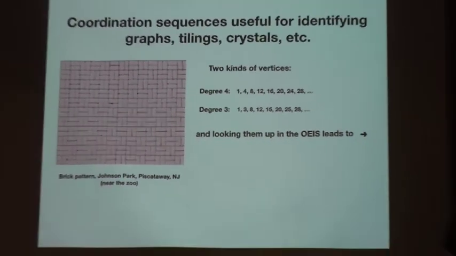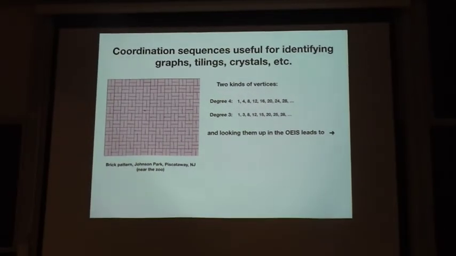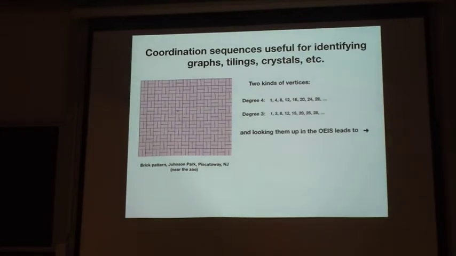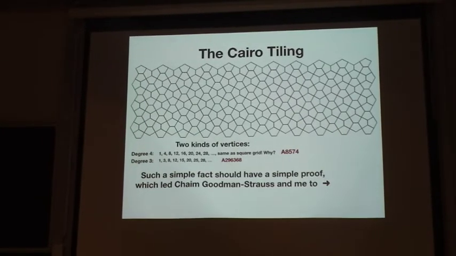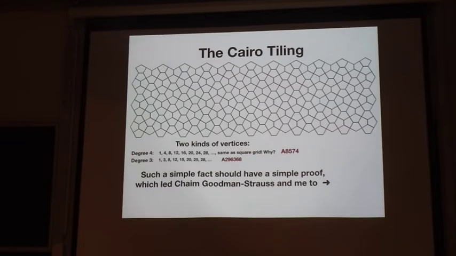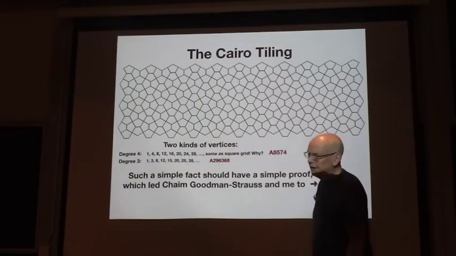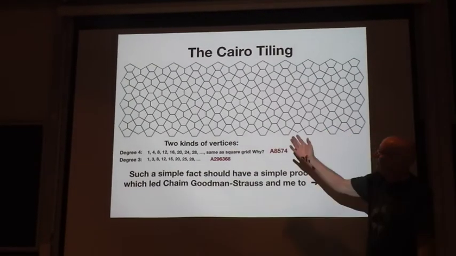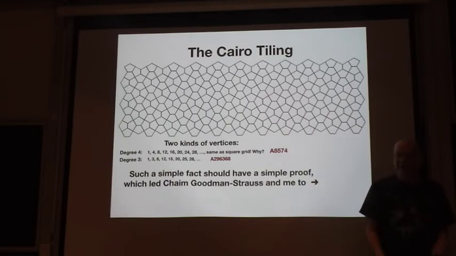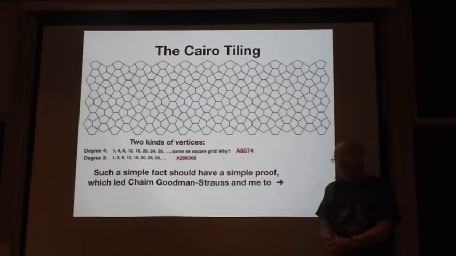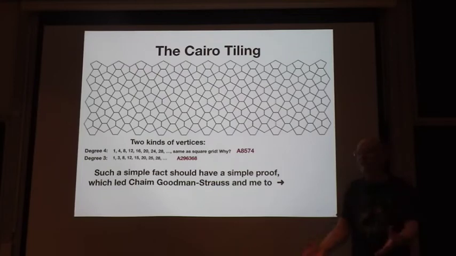So you look them up in the OEIS, which is what you do when you get into an interesting sequence, and you find that it's the same pair of coordination sequences as the chirotiling, which is a paper that Chaim Goodman-Strauss and I have just published in Acta Crystallographica, analyzing this structure.